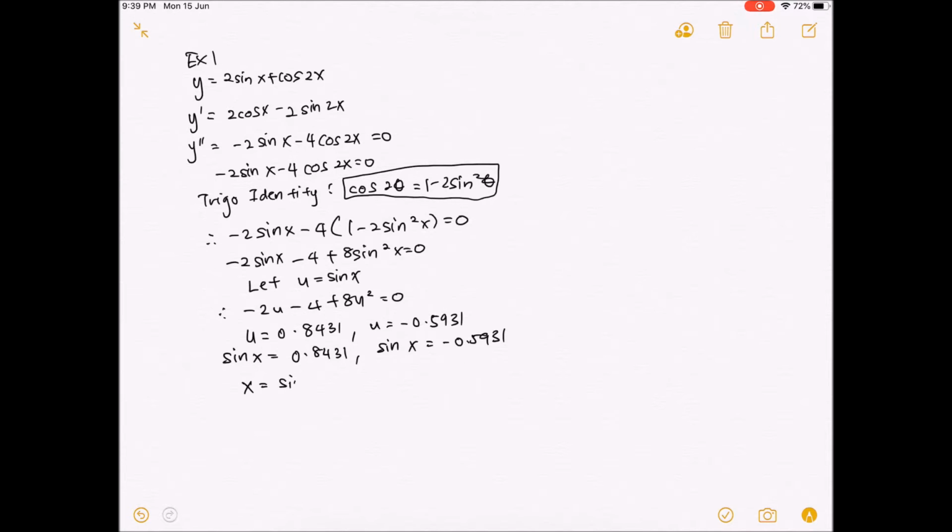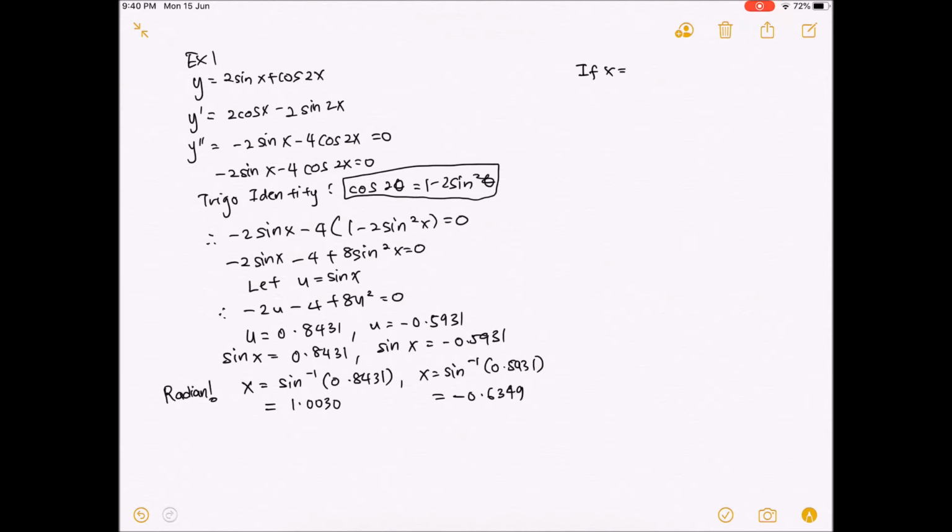Then x is the arc sine, which again, use your calculator and don't forget to change your setting to radian. So we'll have here 1.0030 and the other one will be equal to negative 0.6349. Remember, radian. So this is the value of x.